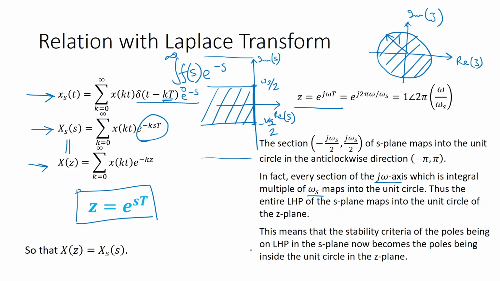This of course means that the stability criterion of the poles being on the left half plane in the s plane now becomes the poles being inside the unit circle in the z plane. This we have already discussed. Now it comes to the relationship with the Laplace transform.